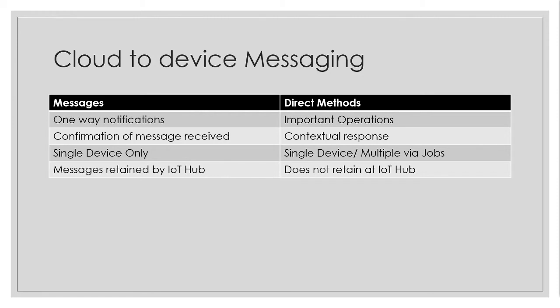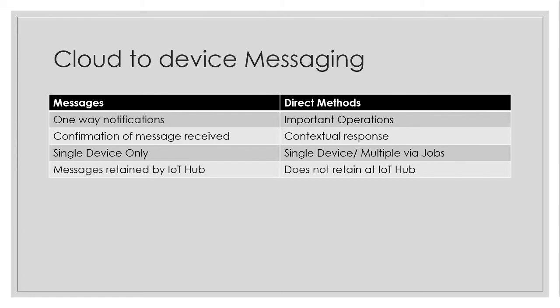A message is more of a one-way notification where you are just sending the message to the device. Let us say the device is offline, then that message will be held at the Azure IoT Hub level, and whenever the device comes online, the IoT Hub will send that message. Basically, you will just receive a confirmation that the message has been received. You won't receive any result from that message.